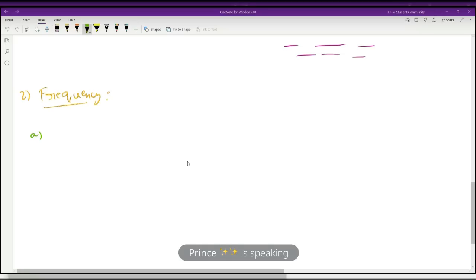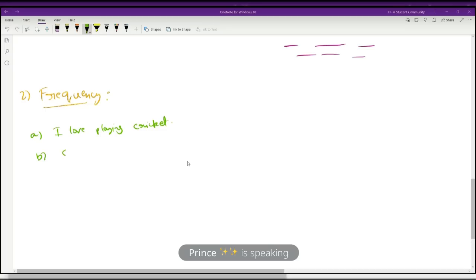I love playing cricket. Okay, fine. But we have to make sure that the second sentence is also relevant to the first sentence. Sachin Tendulkar is my favorite cricketer, batsman, anything.